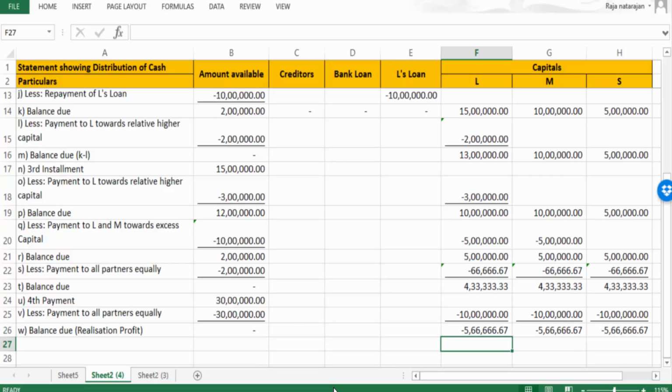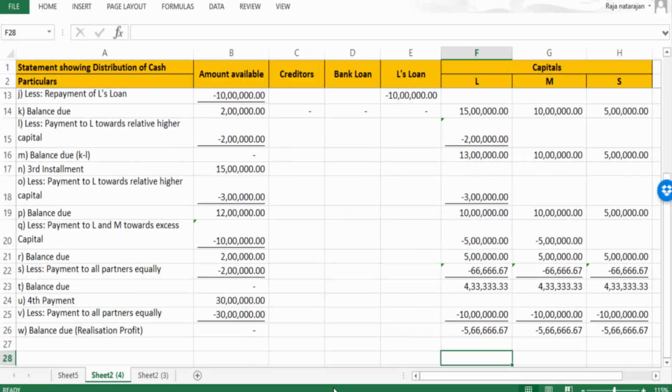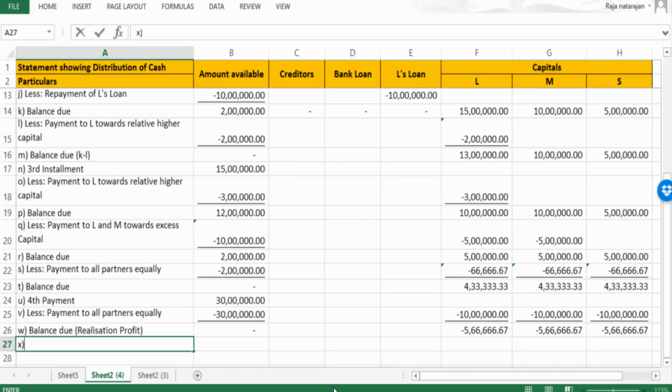Now there is also going to be a fifth installment, right? What is the fifth installment? Again, it is 30 lakhs. So let's capture that also. So I'm just going to do the copy paste.